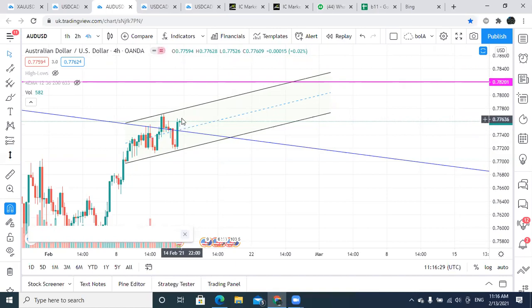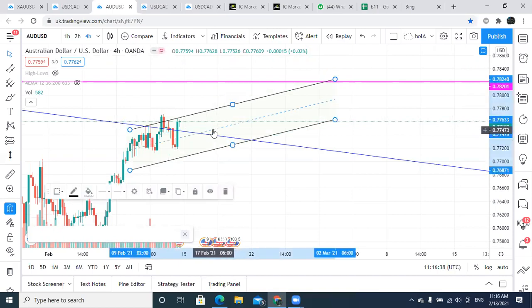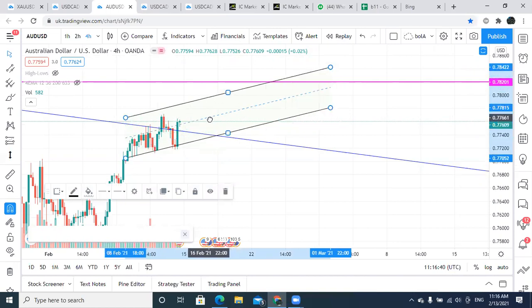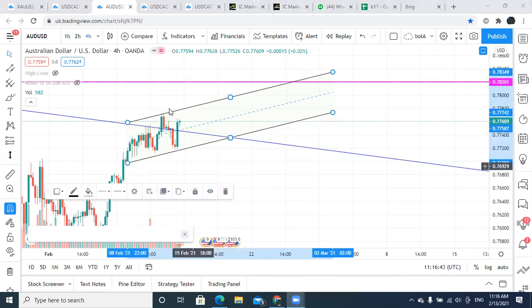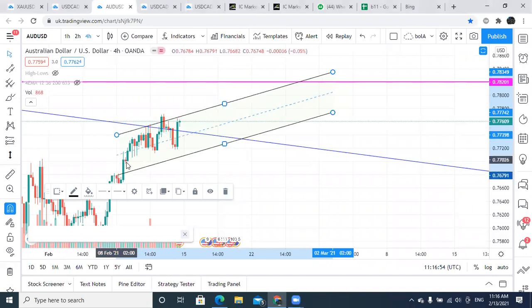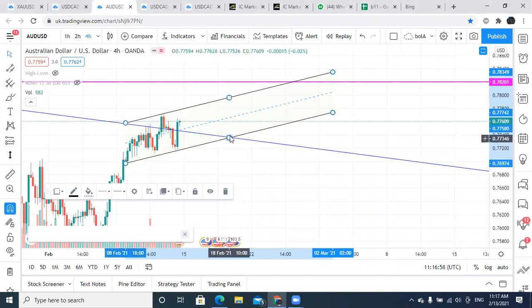Come Monday, there's possibility for price to hit this level and then retrace back down a little bit again, or even retrace back down to this daily trend line before you think of looking for a buying opportunity. So as we've structured this chart, that is one way of looking at price.